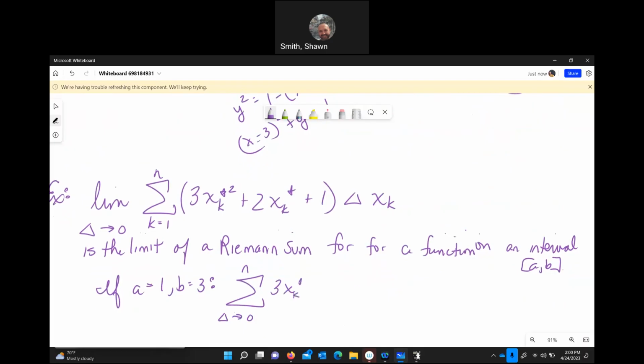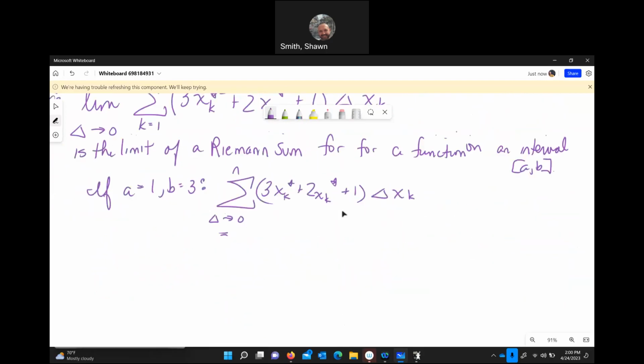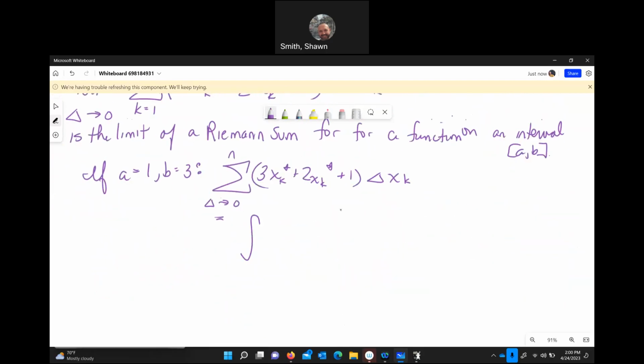The sum of 3 times x sub k star squared plus 2 times x sub k star plus 1, times change in x sub k, is equal to the definite integral from 1 to 3 of the function we just said. What was the function? 3x, I forgot to square it there, 3x squared plus 2x plus 1. Change in x is also dx.